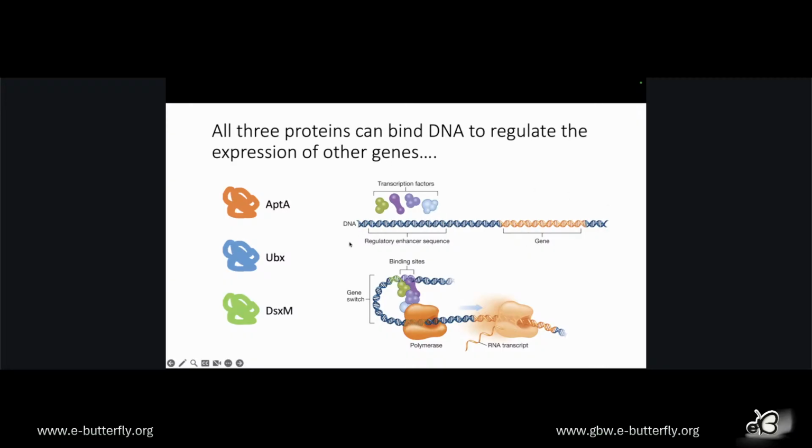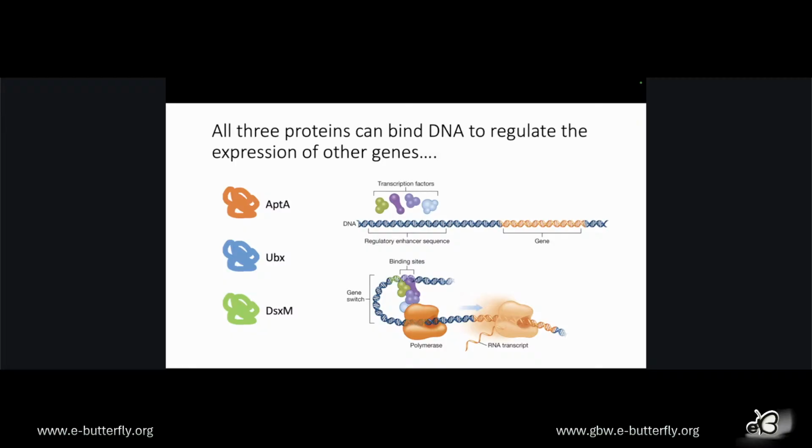So they bind regulatory regions of genes. And by doing so, they bend the DNA, they bring the DNA, the promoter or the enhancer, next to the promoter of a gene, and they recruit RNA polymerases and they start the process of gene transcription.